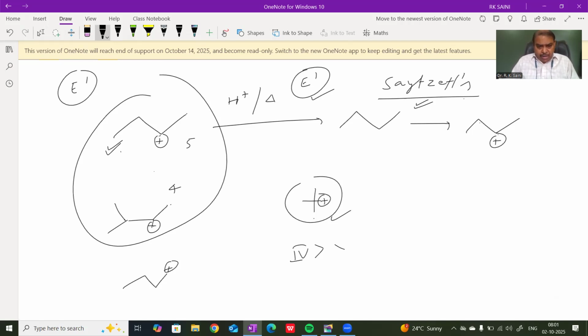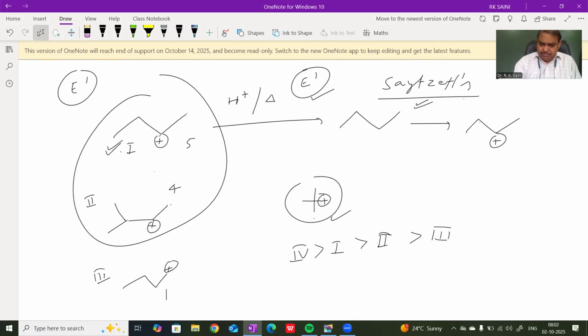Therefore, the reactivity of the first alcohol is greater than the second one. The order is fourth, then first, then second, and the least reactive compound is third, because it is a primary carbonium ion or primary alcohol.